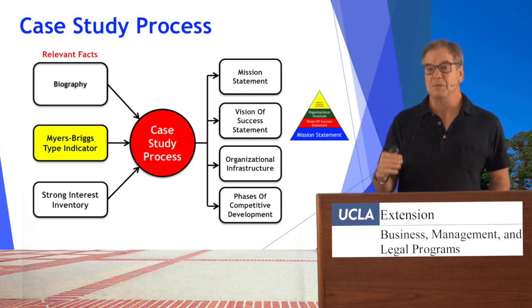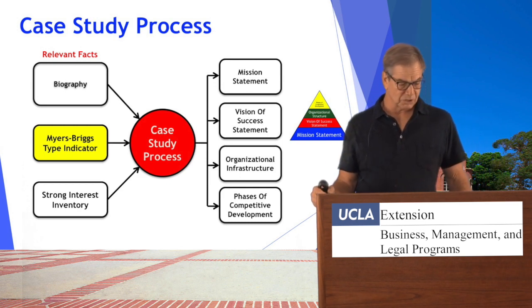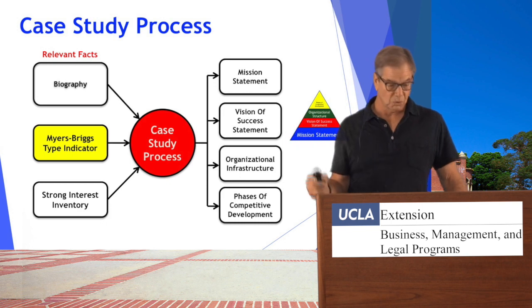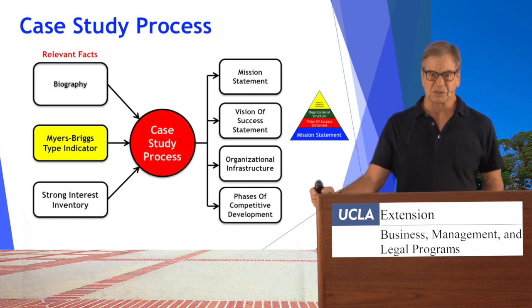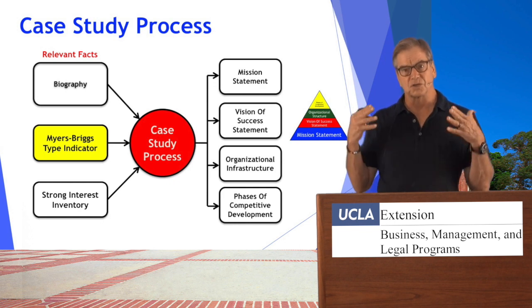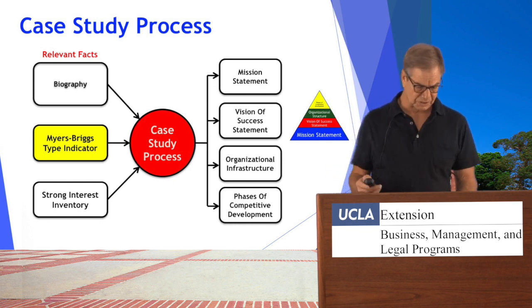As we've mentioned many times in our lectures, it's all about alignment. It's all about aligning who you are and where you've been with where you're going. And the Myers-Briggs is just an essential aspect of understanding and integrating your psychological type into this process.